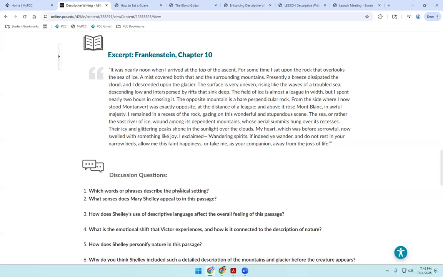What do you think they say, wandering spirits, if indeed ye wander? Kind of, it's animating the things that they're seeing, as if nature is doing its own wandering.